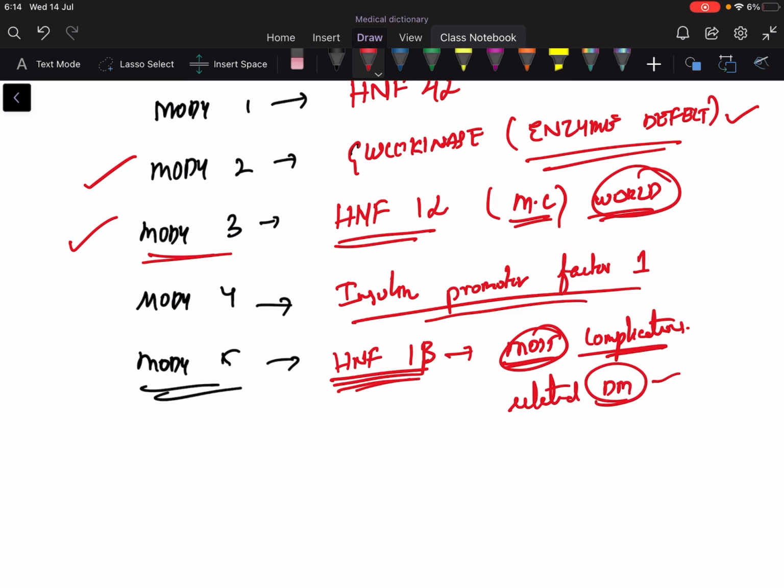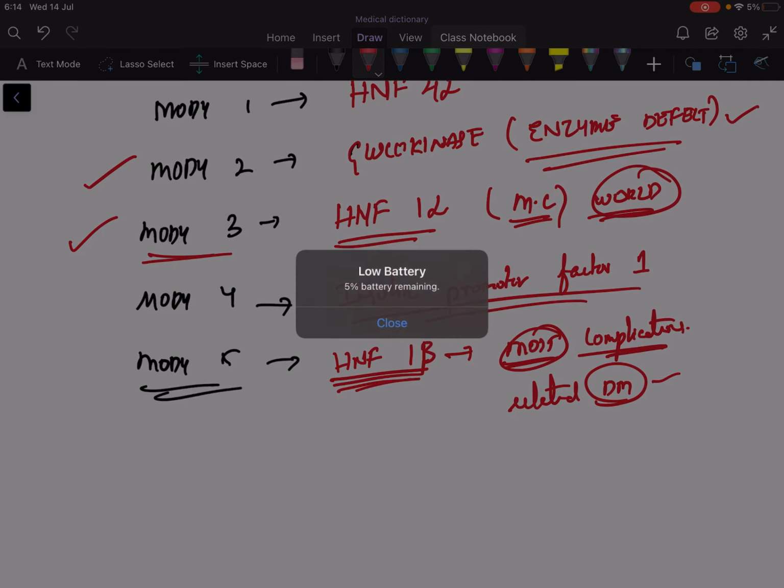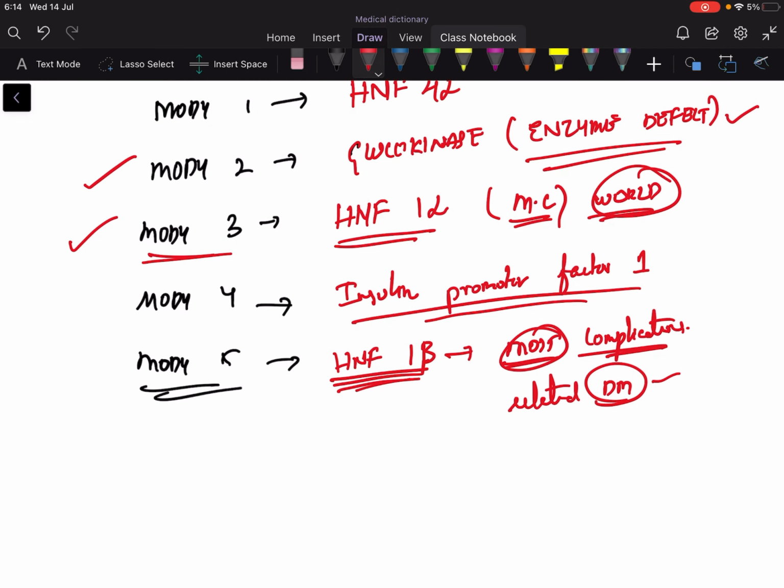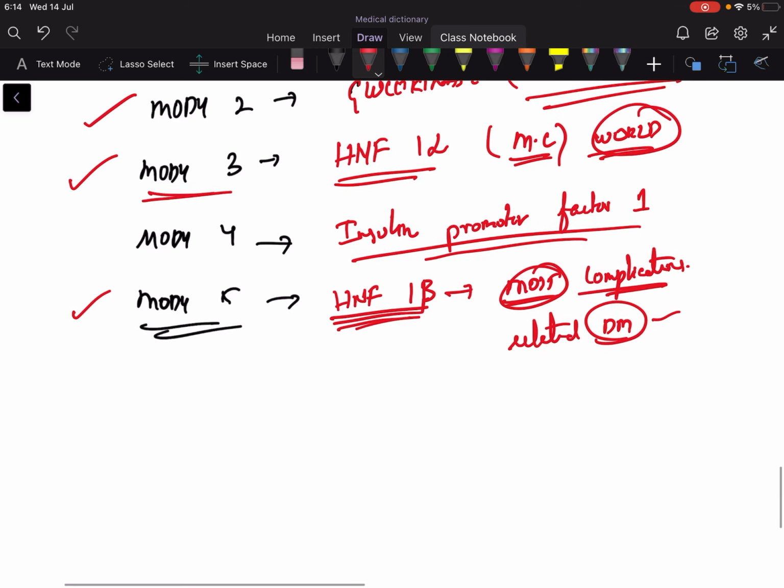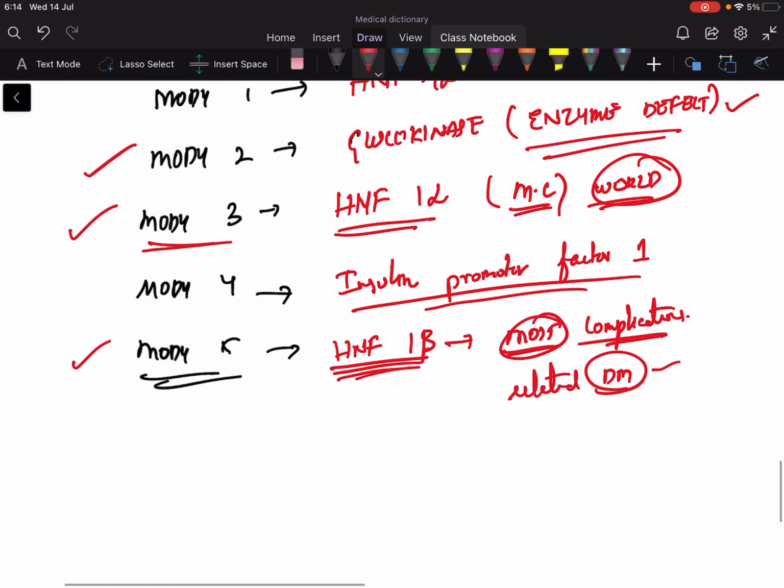As you know, diabetes is associated with many micro and macrovascular complications. So in the exam, if they ask which of the MODY is associated with most complications, you should put MODY5.